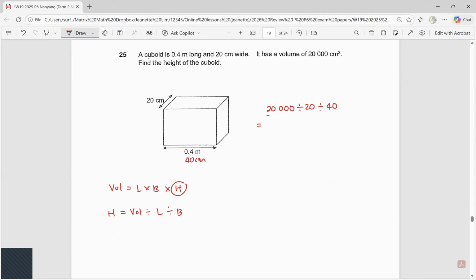So here, let's do this first. 20,000 divided by 20 is 1,000. And divide by 40. You can cancel the zeros. 100 divided by 4 is 25. So that's the answer.